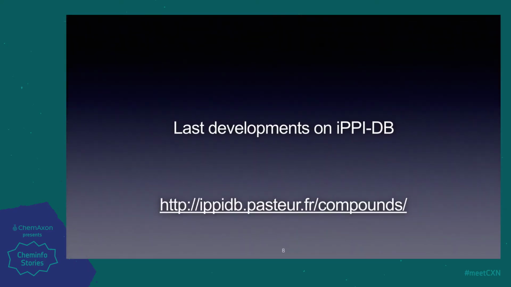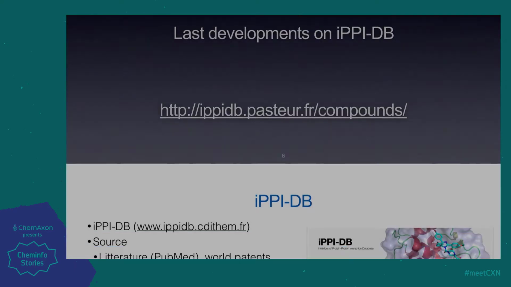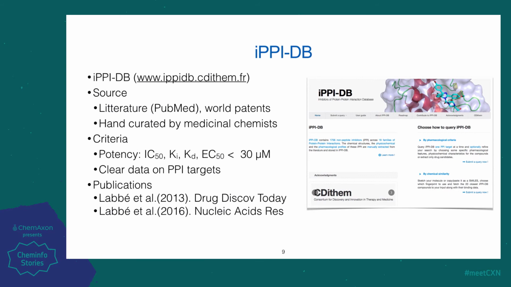Historically, iPPI-DB has always focused on the manual collection from the literature, either PubMed articles or world patents, of chemical compounds with the capacity of modulating protein-protein interaction, favoring quality data both for the compounds and the targets. We have already made 2 publications, one in Drug Discovery Today and one in Nucleic Acids Research.